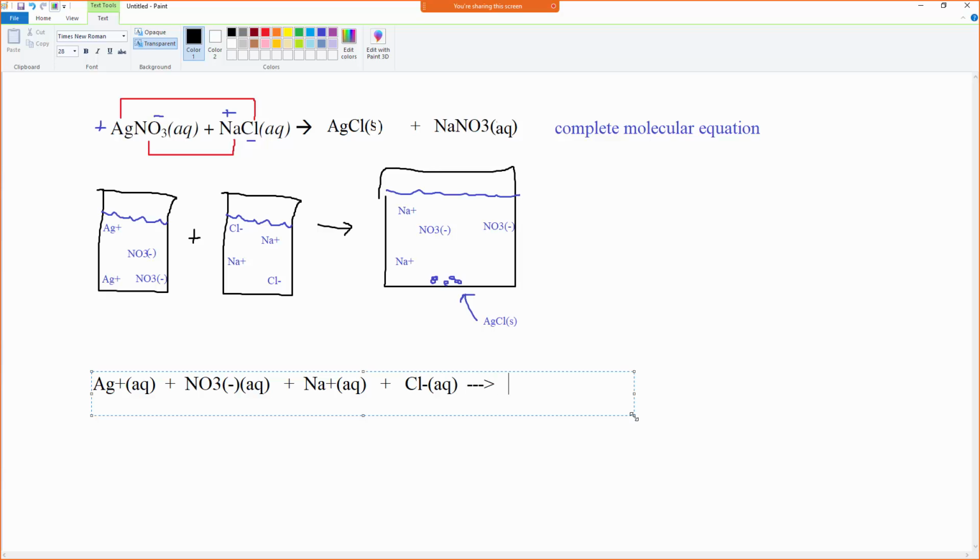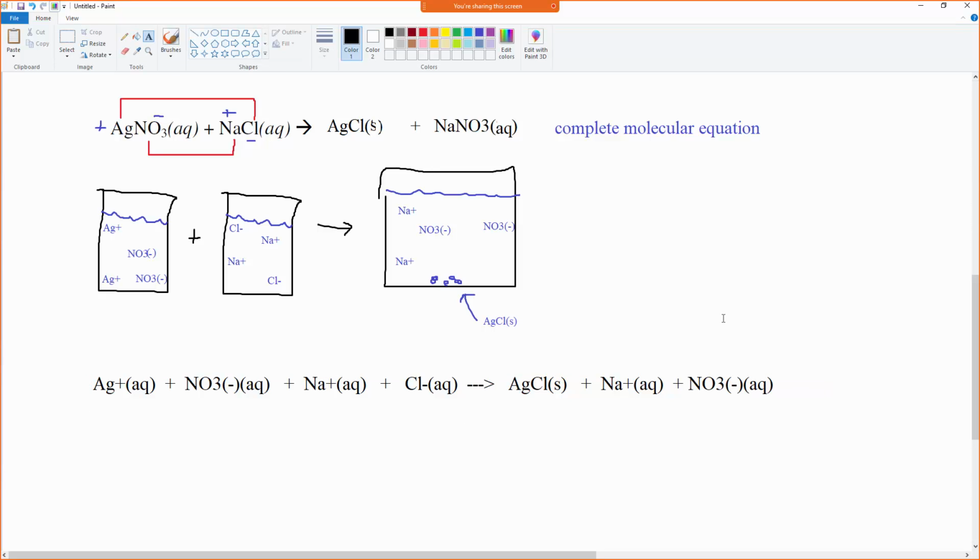That's going to form a silver chloride compound that is solid. And then what remains is a sodium ion that is aqueous and a nitrate ion that is aqueous. All right, what do you think of that?